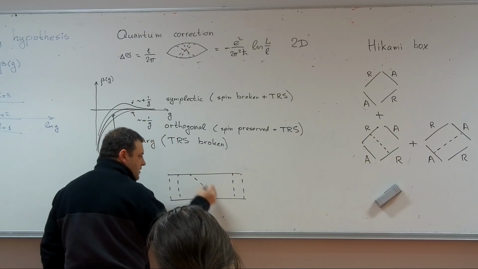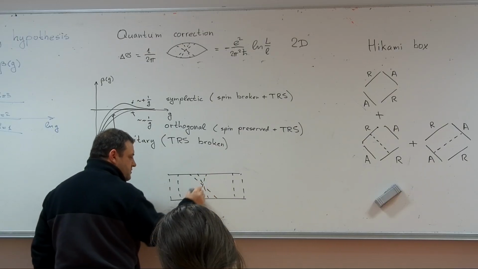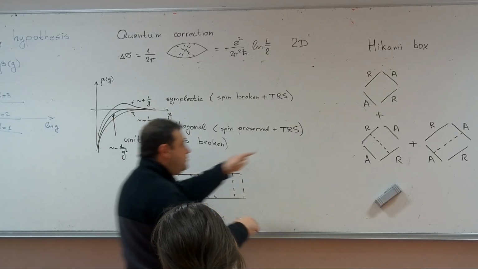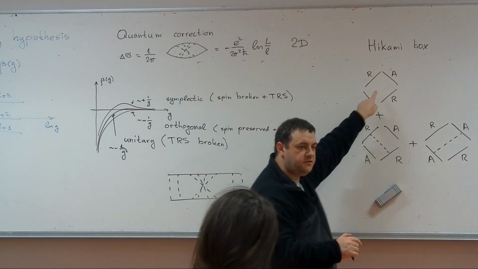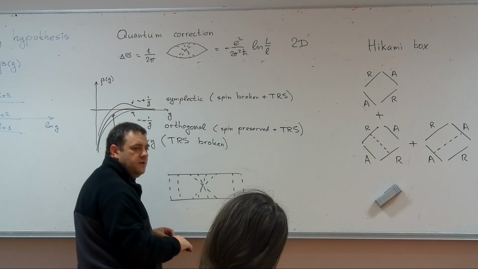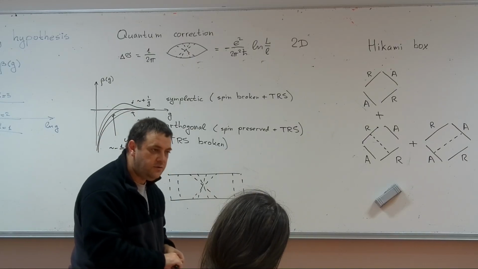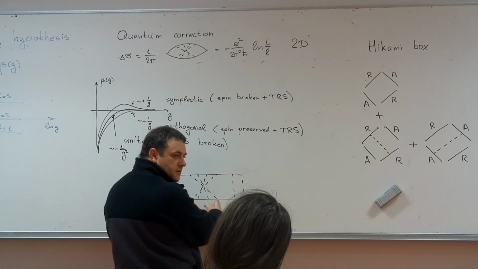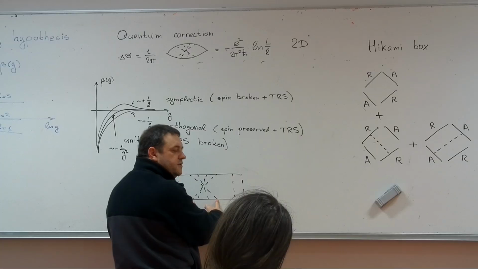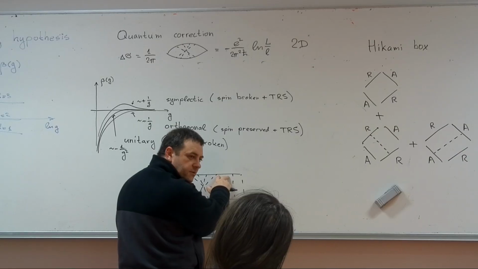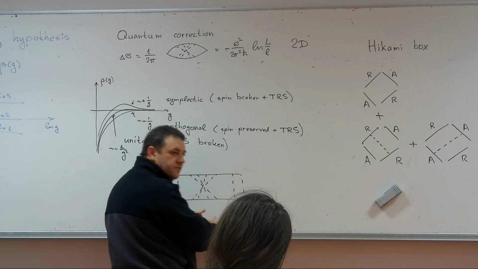Then you have this fan shape in the middle, which is a Cooperon. And this diagram corresponds to the Hikami box, which is just four Green functions. They're here, one, two, three, four. This crossing part is a Cooperon. These four Green functions form a Hikami box, and they together form gamma.